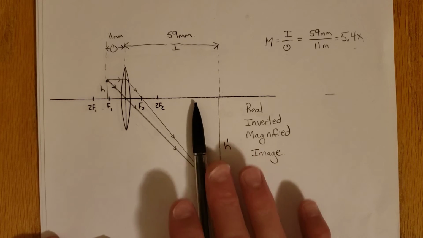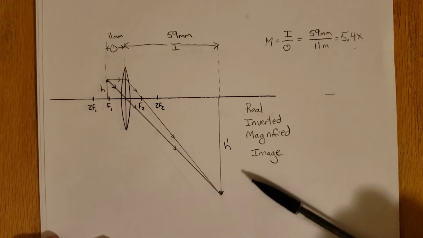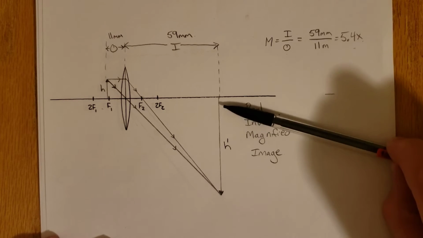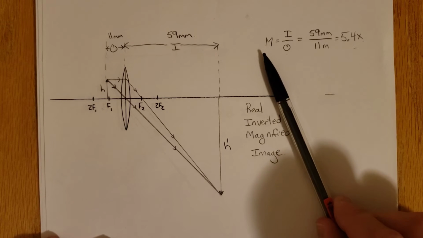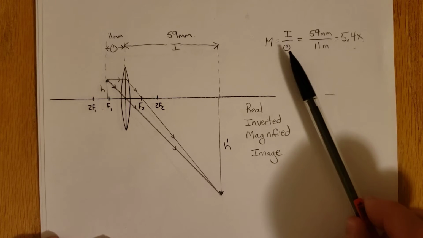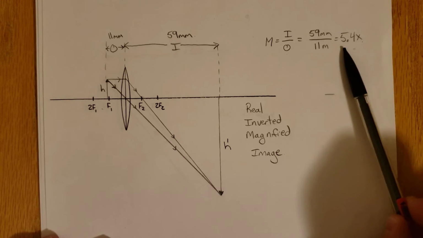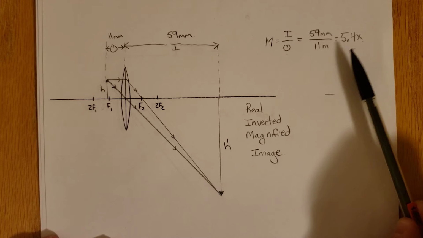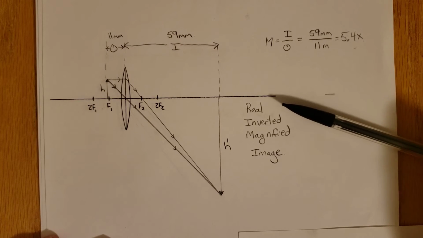So we have a longer image length, and that results in a larger image height, H prime, and a greater magnification. The image length over the object length is now 59 over 11, so we have 5.4 times magnification, whereas before we had something like 1.9.